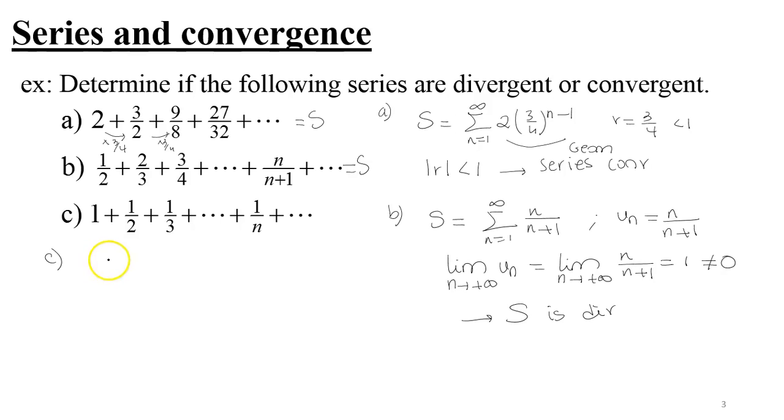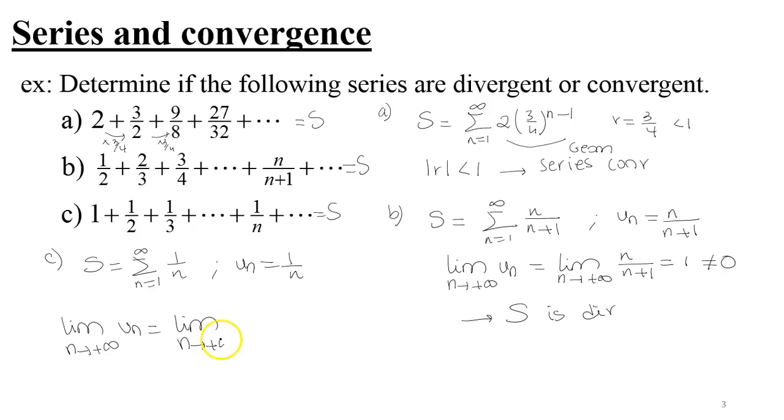However, in part C, we're looking at S, which is the sum when n goes from 1 to infinity of 1 over n. So let's just call the corresponding sequence un. The limit when n is approaching positive infinity of un is in fact the limit when n is approaching positive infinity of 1 over n, which is 0.